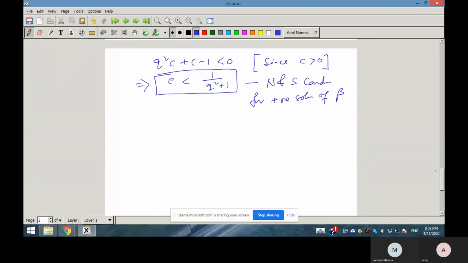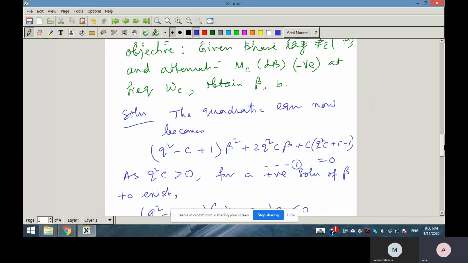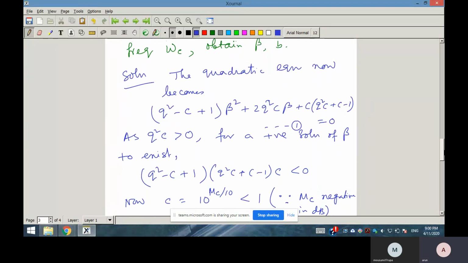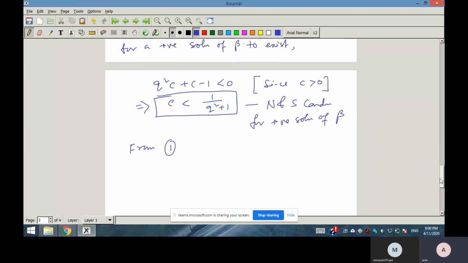From 1 you can easily obtain, if you take q square common, equation 1 can be written like this: q square into beta plus c whole square equal to c minus 1 into beta square minus c. Please check whether I am correct or not.